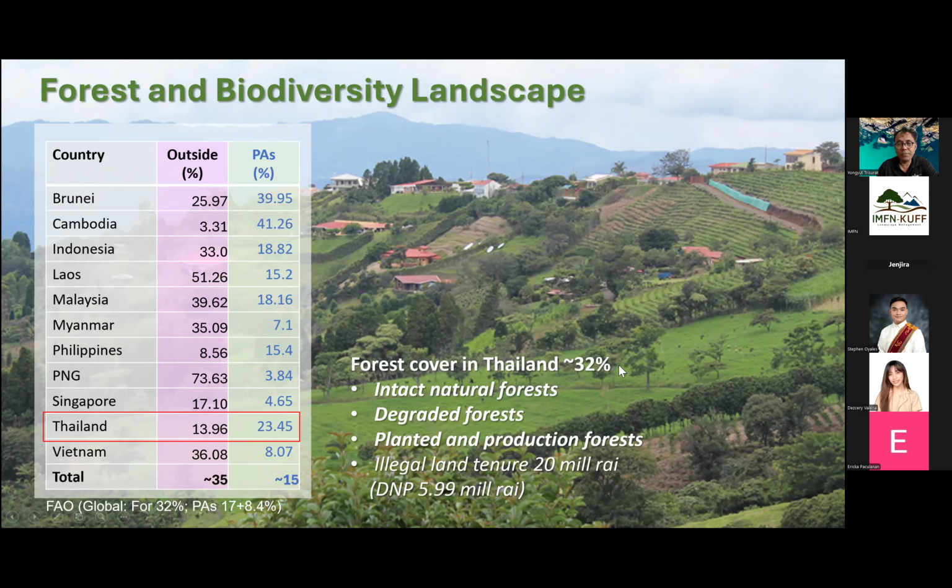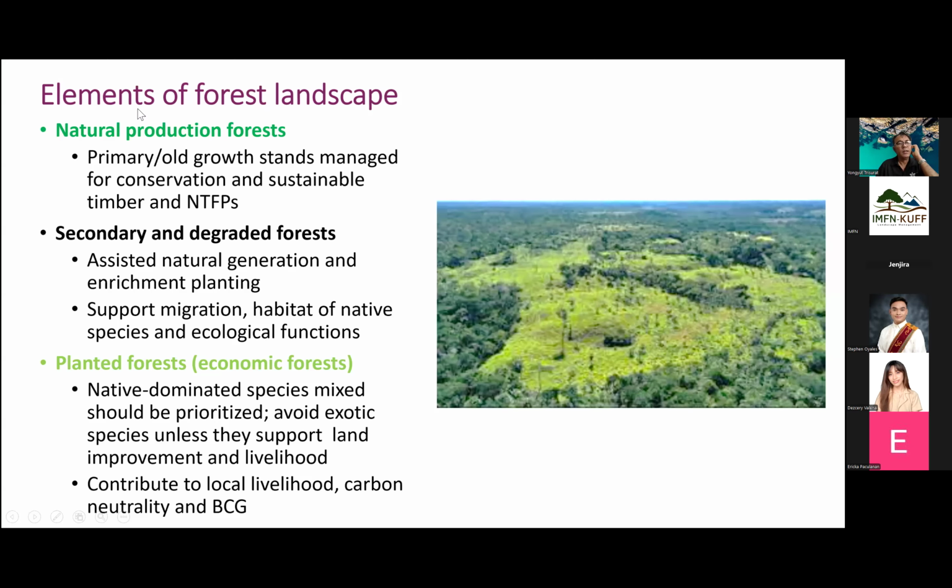And the other one is the planted or production forest. So most of the primary forest has been created at protected areas, right? National Park, Wildlife Sanctuary, 74%, and the rest are community forest.